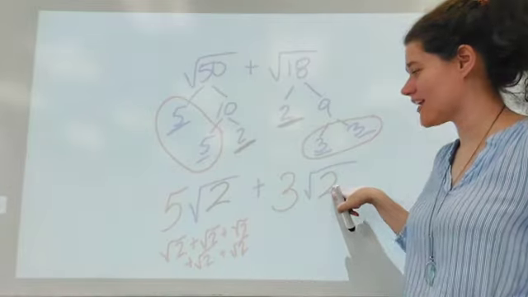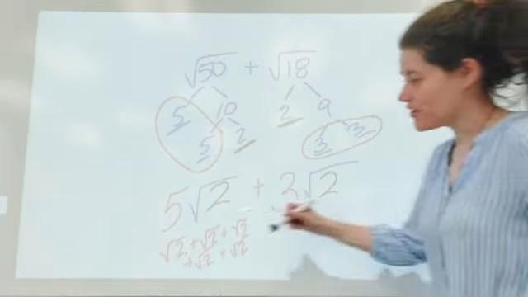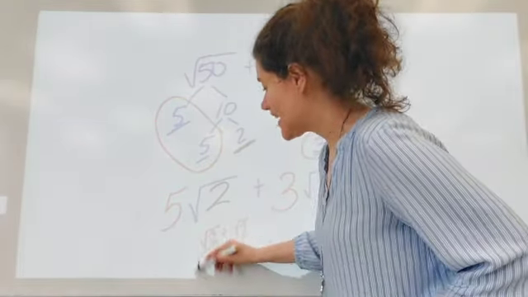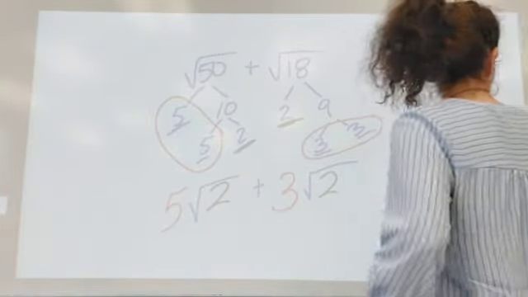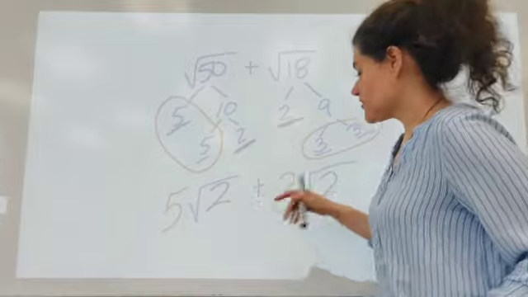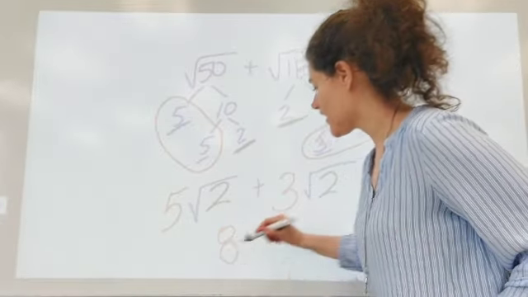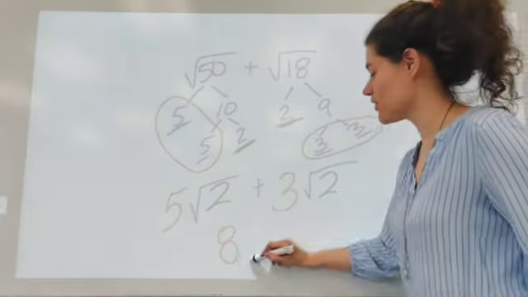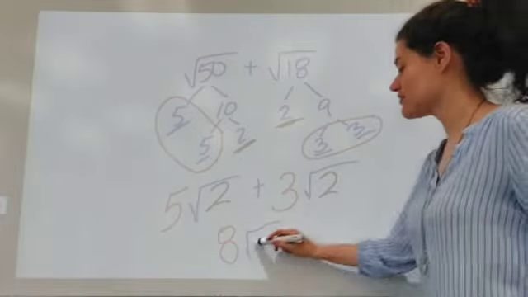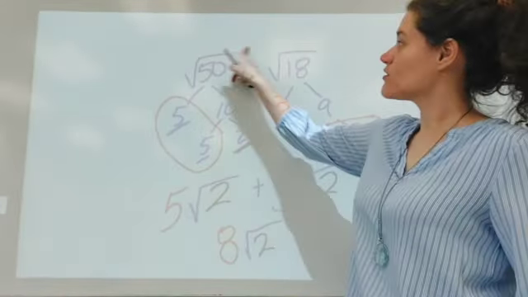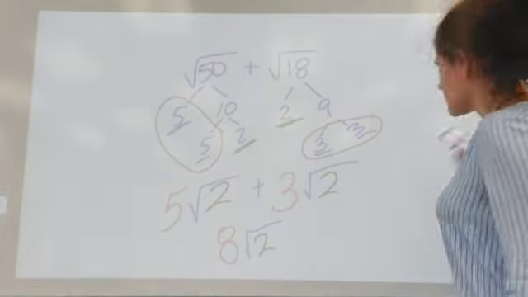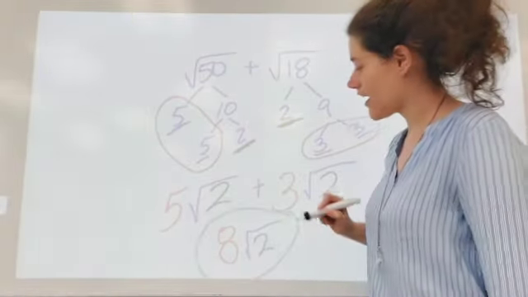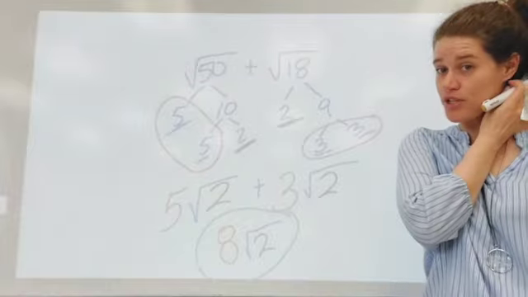And then this is telling me I have 3 of them. So all I'm doing is really just counting how many square roots of 2 I have. So 5 plus 3 gives me 8 square roots of 2. So square root of 50 plus square root of 18 equals 8 square root of 2.